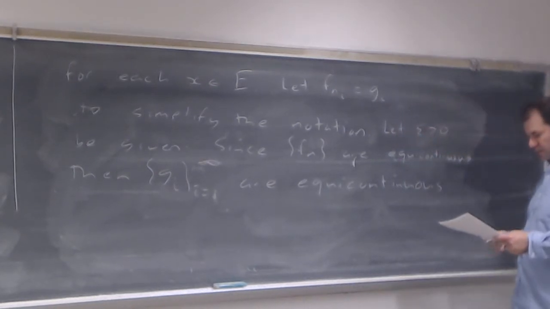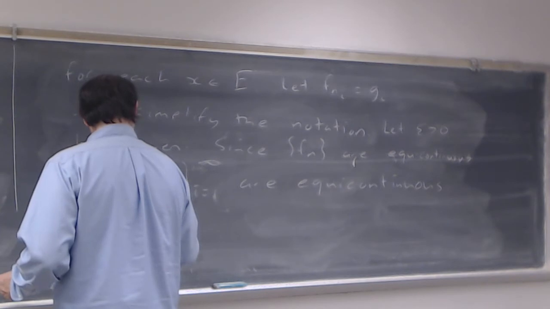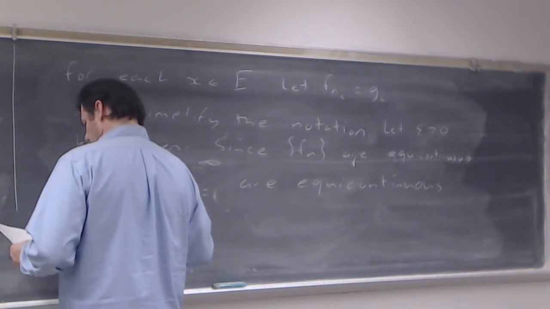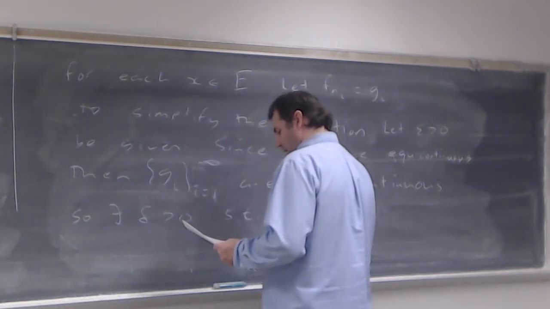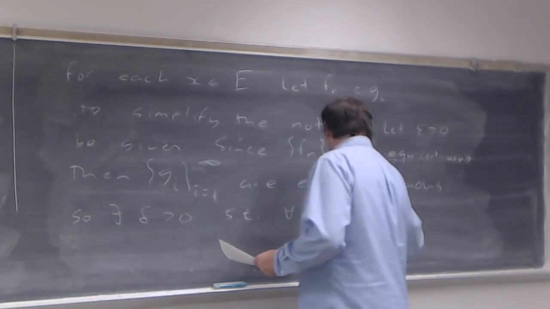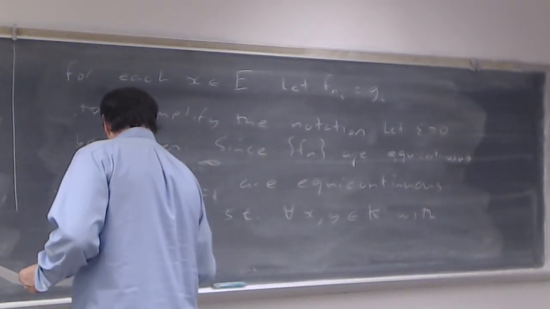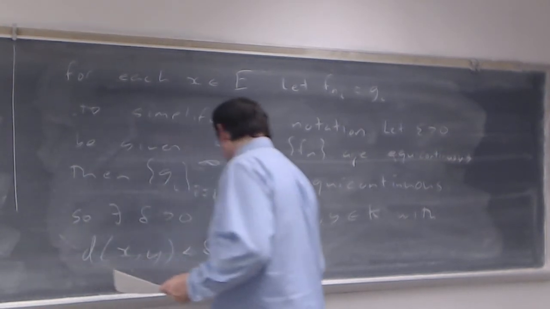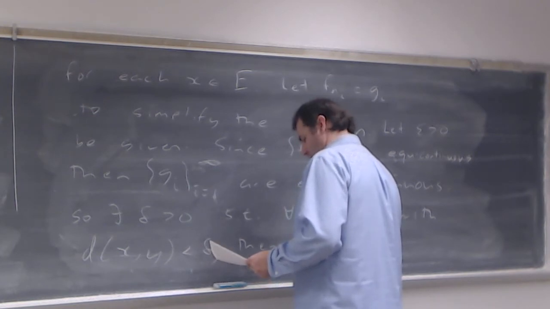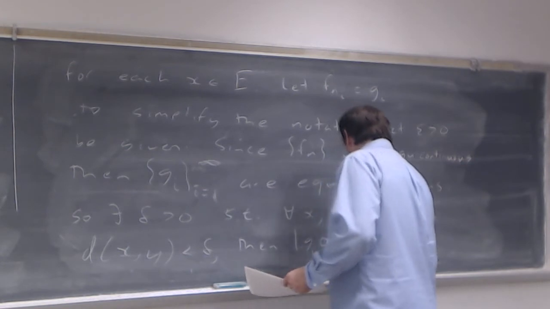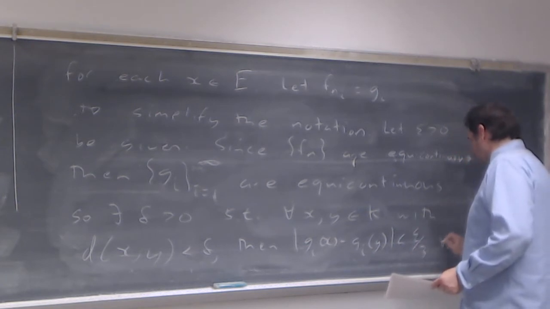So that means, by definition of equicontinuous, that there exists a delta greater than 0 such that for all x and y, elements of K, with the distance between x and y being less than delta, the absolute value of g sub i of x minus g sub i of y will be less than anything I want. I'm going to choose epsilon over 3, and this is true for all i's.